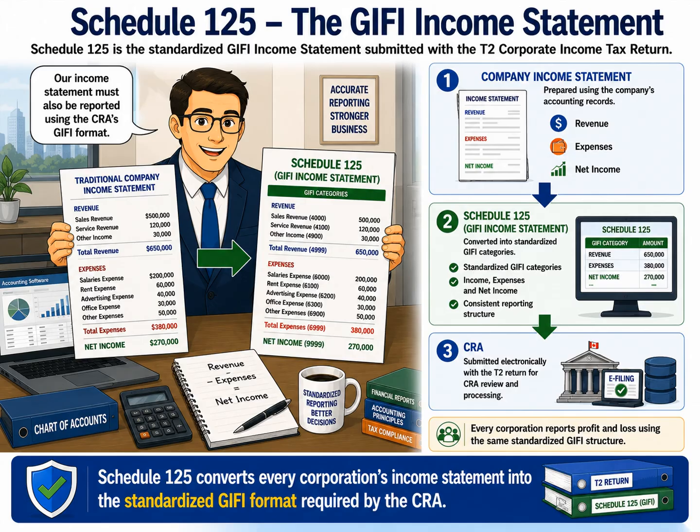Once the income statement has been organized into Schedule 125, it becomes part of the corporation's electronic T2 filing. Because every corporation reports its profit and loss information using the same standardized GIFI structure, the CRA can process, analyze, and compare financial information much more efficiently.